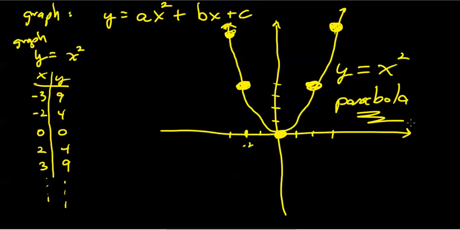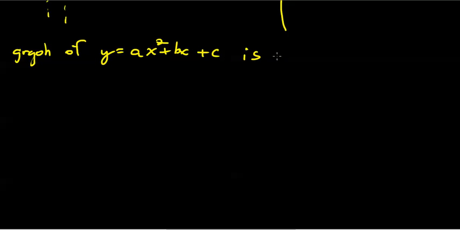It turns out the graph of anything of the form y equals ax squared plus bx plus c will always be a parabola. Let me write that down. The graph of anything that takes on this form is a parabola in the xy plane.